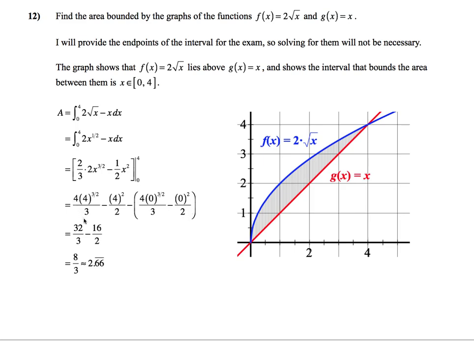So we have 32/3 minus 16/2, and that simplifies to 8/3, which as a decimal would be 2.66 with the 6's repeating indefinitely. And so either one of these answers, 8/3 or 2.66666 repeating, is an acceptable answer to this question.